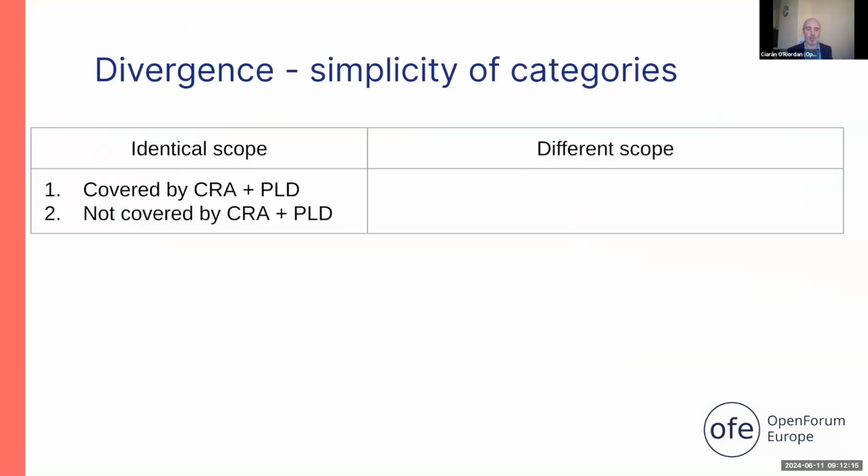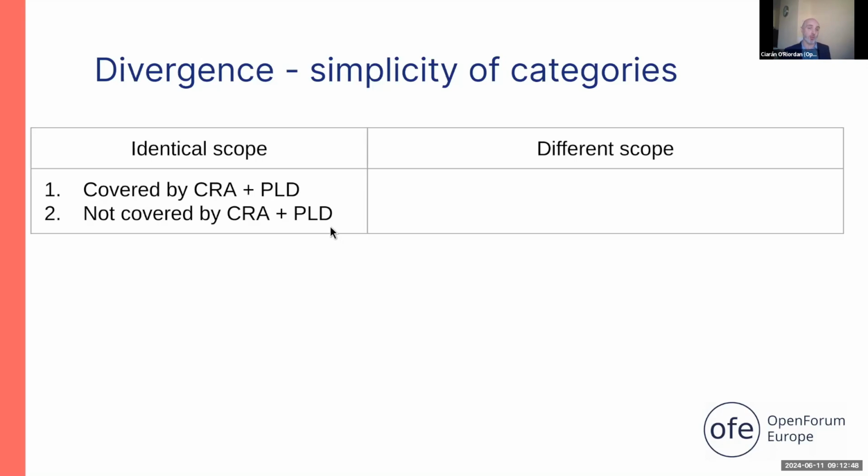Divergence is really important because what we're trying to avoid is a situation where we have texts that create obligations and they apply to overlapping but not identical sets of software. If we can have an identical scope for regulations such as the Cyber Resilience Act and the Product Liability Directive, then some software will be covered by these two and some software will not be covered.